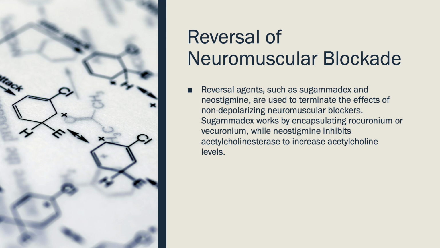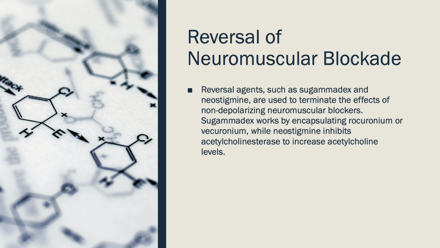Acetylcholinesterase inhibitors work by inhibiting the breakdown of acetylcholine, increasing its concentration at the neuromuscular junction. This is competitive antagonism. This allows acetylcholine to outperform the non-depolarizing blocker at the nicotinic acetylcholine receptors, and this reverses muscle paralysis.